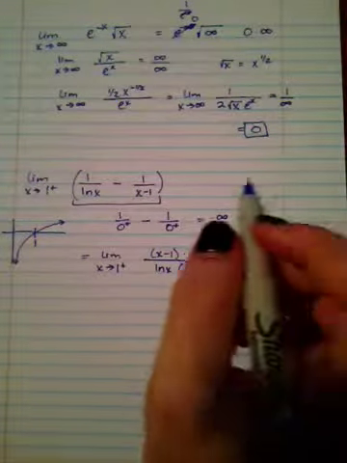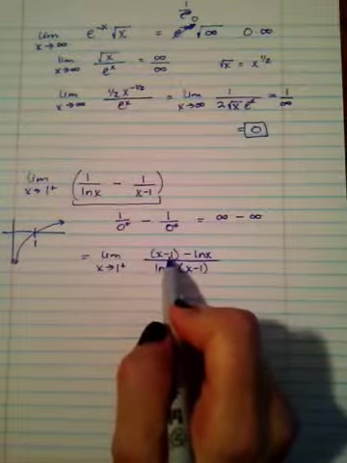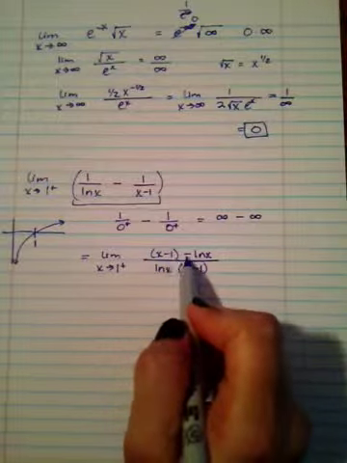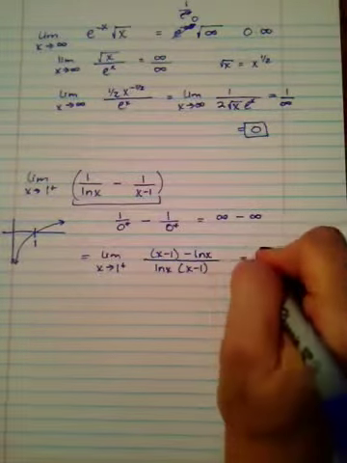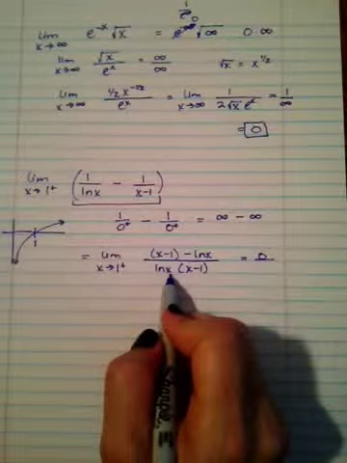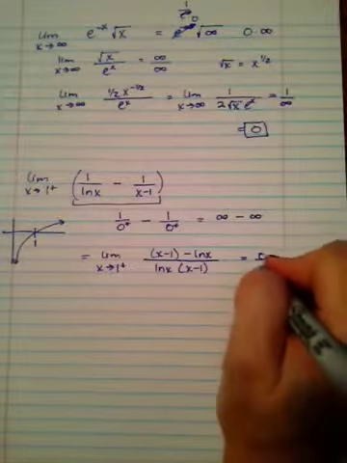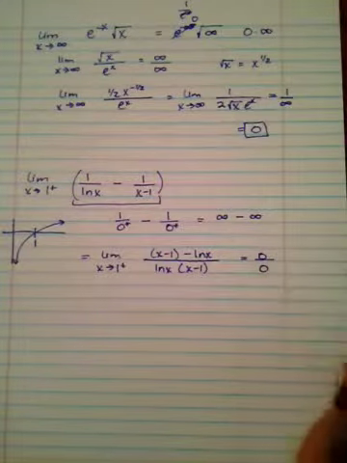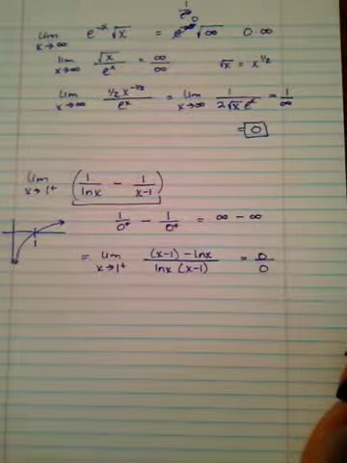So if I plug in now, I have 1 minus 1, which is 0, minus 1, which is 0. Then the natural log of 1 is 0 times 1 minus 1, 0. So I have 0 over 0, and this problem is ready for L'Hopital's.